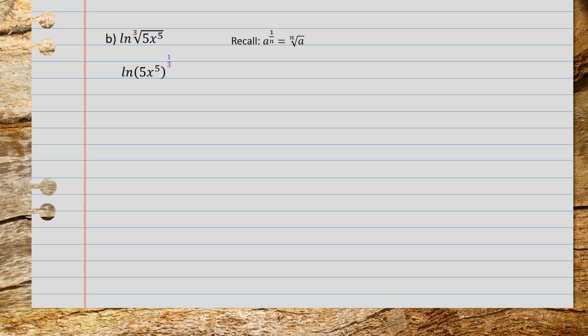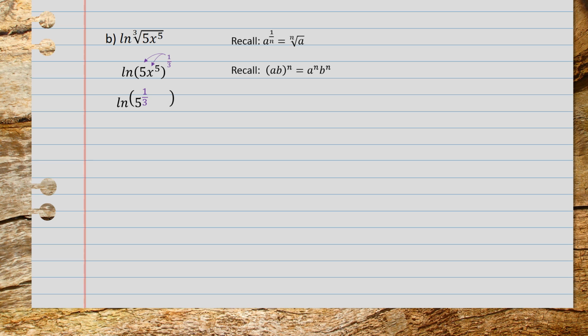We're now going to apply some exponent rules. Since we have an exponent of 1/3 on the outside, that exponent goes to every factor on the inside, which means it goes to the 5, which would give you natural log of 5 raised to the 1/3, and it also goes to the x.